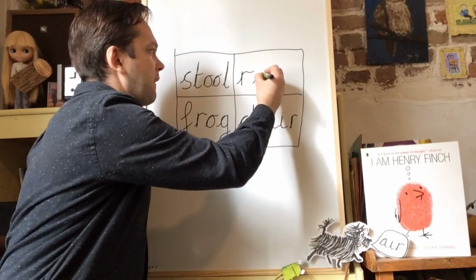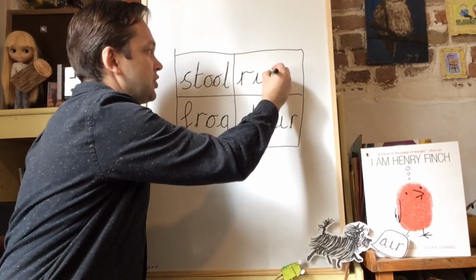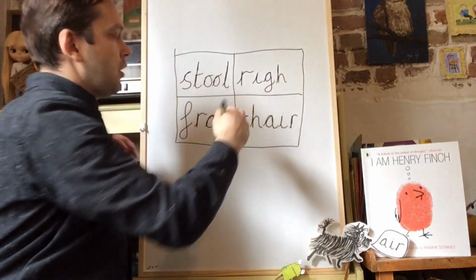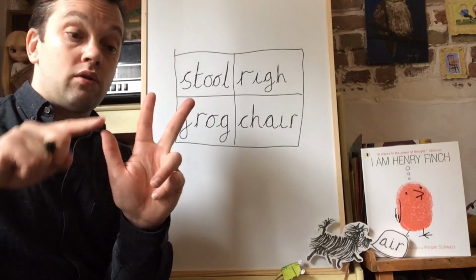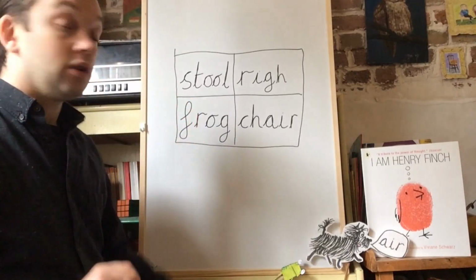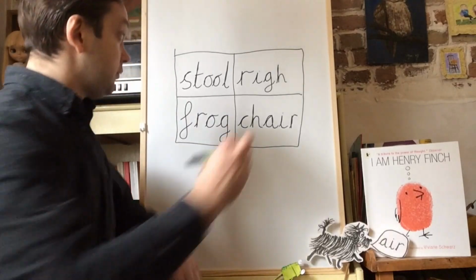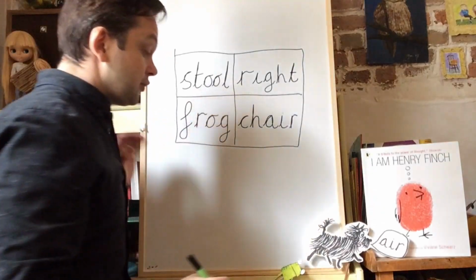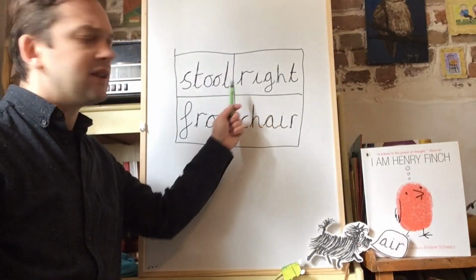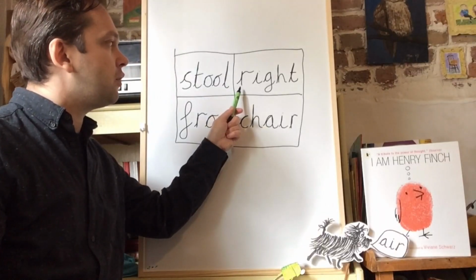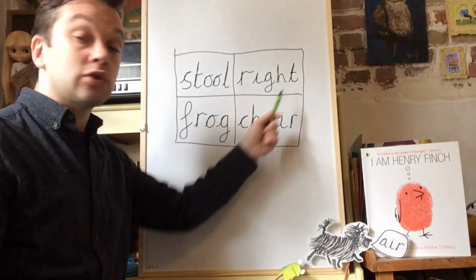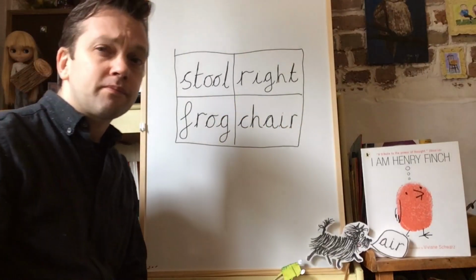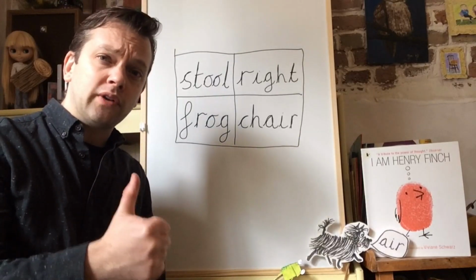It's I, the letter I, the letter G, the letter H. Then T. The letter T makes the sound T. So let's just sound this one out quickly. I. T. Your turn now. I. T. Right. Did you get it right? Very well done if you did.